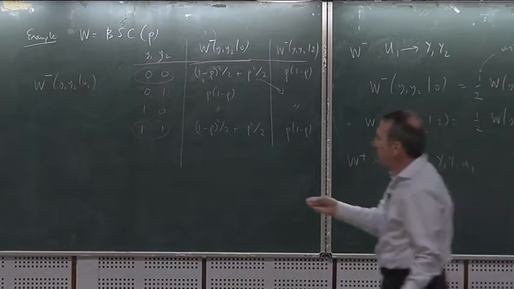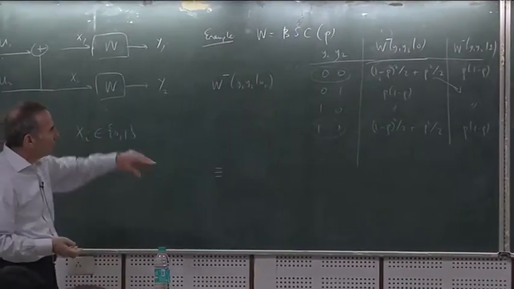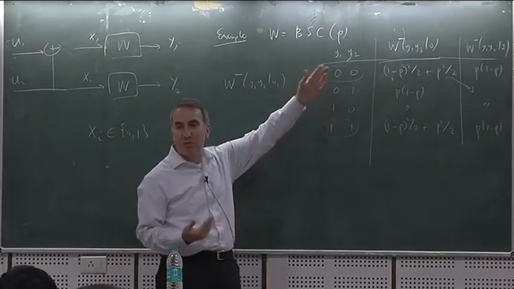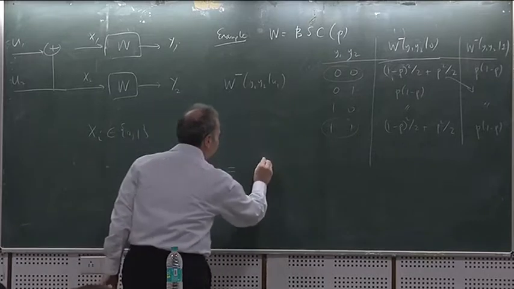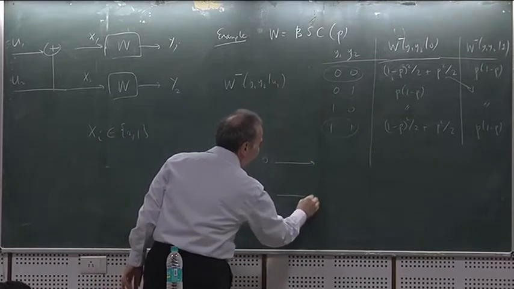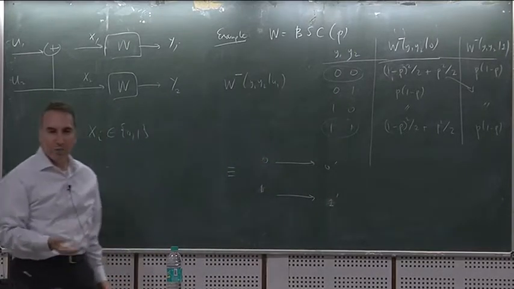So what you have is equivalent to a channel with input 0 and 1. Let me call this symbol 0 prime, so you have 0 prime and 1 prime.